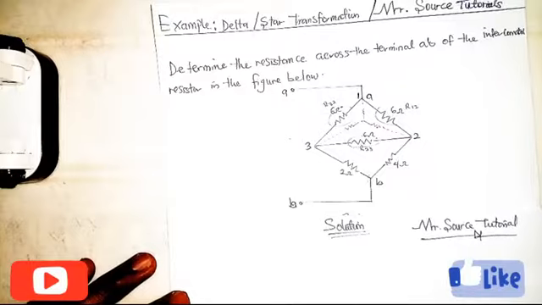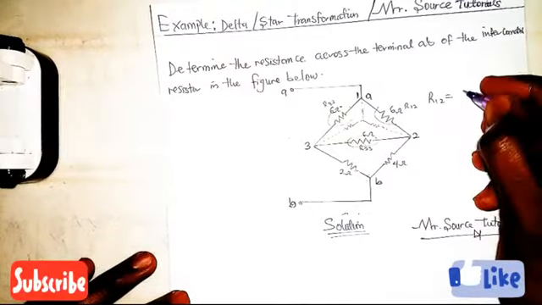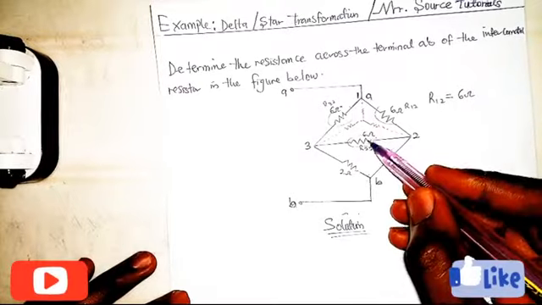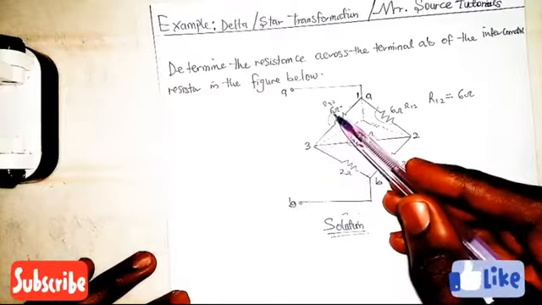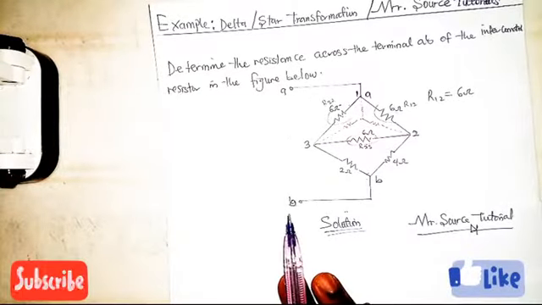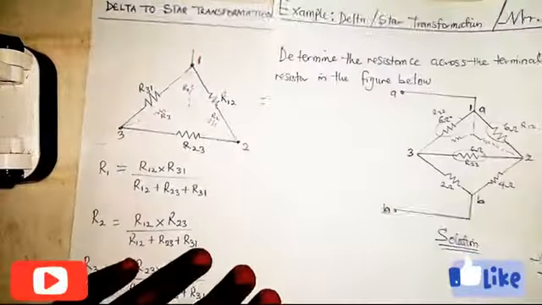So at this point, our R12 is equal to 6 ohm, which is here. Our R23 is equal to 6 ohm, which is here. And our R31 is equal to 6 ohm, which is here. Recall previously what we did. We're going to use this formula that we derived.